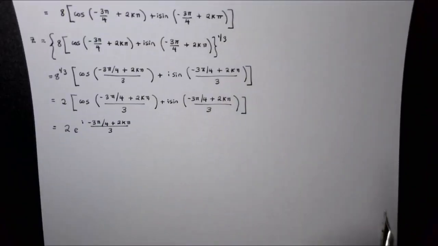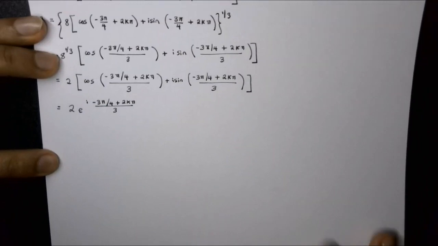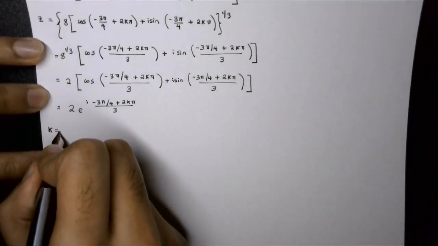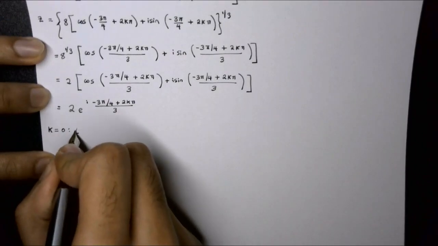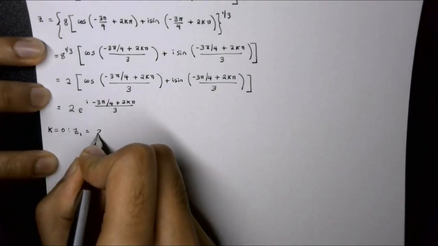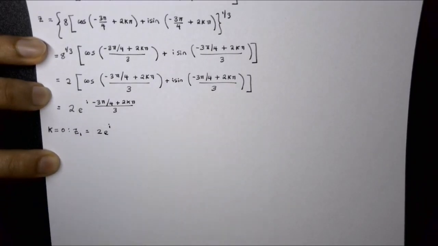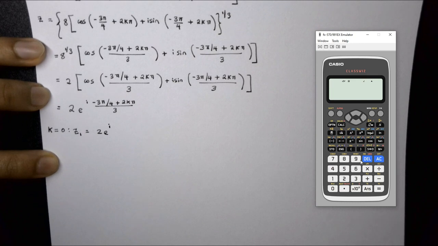So when k is equal to 0, we have z1, our first root, which is equal to 2e to the i times something. Now happily for us, our calculator will already work out everything in the correct form.